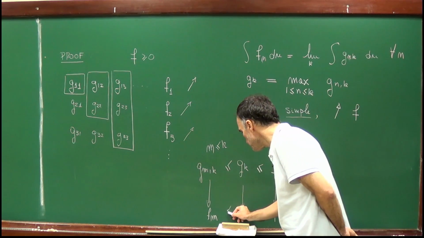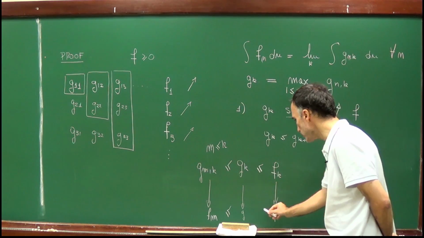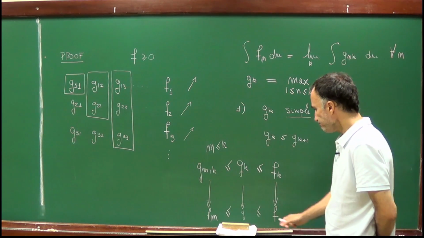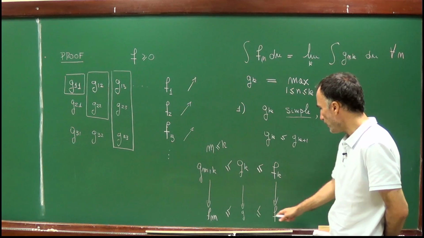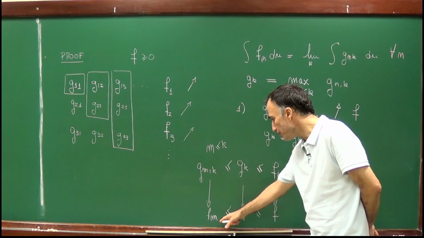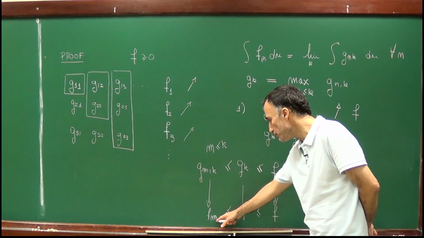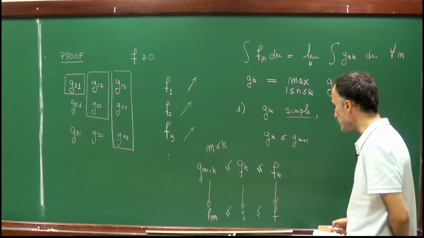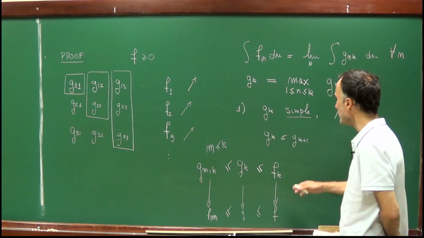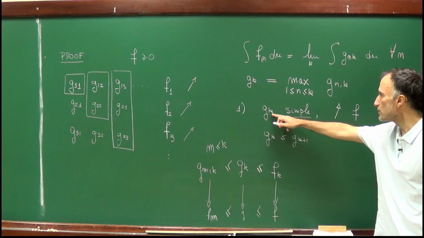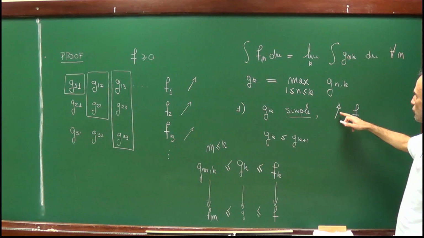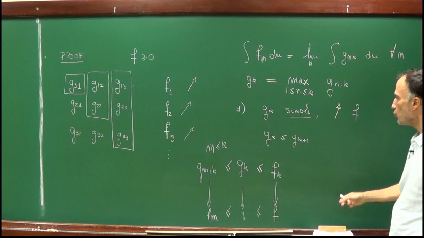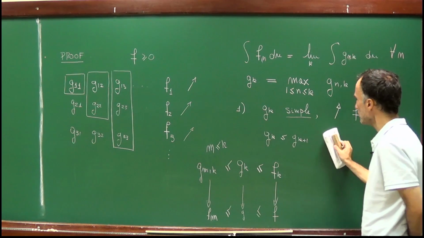So I have that inequality, and I have this inequality. Well, if these inequalities are correct for any m, if I send now m to infinity, since f_m is increasing to f, what I get is that g should be equal to f, and therefore that the sequence g_k is in fact converging monotonically to the function f, which is what I wanted to show.